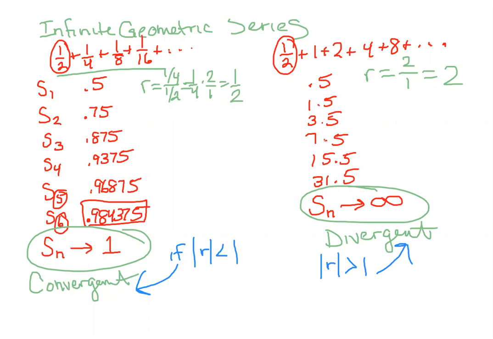If it's greater than 1 and it's divergent, we can't find the sum of an infinite geometric series. Or the sum, we can just say the sum is infinity because you're just keeping on adding. But if it's convergent, we have a formula to use.